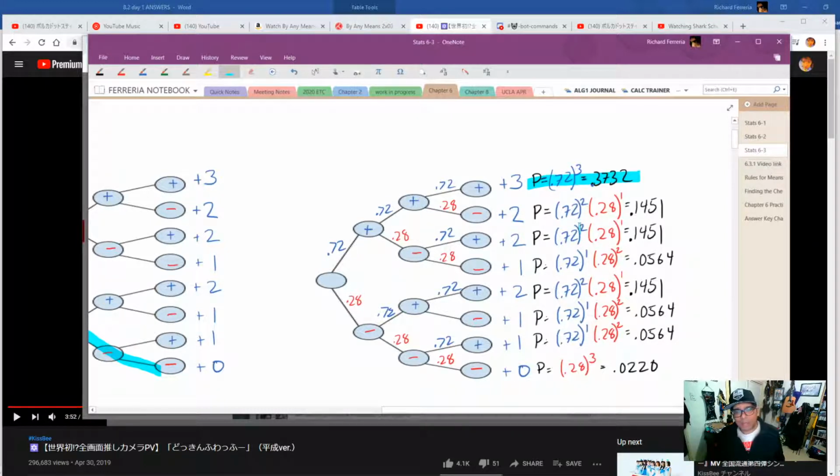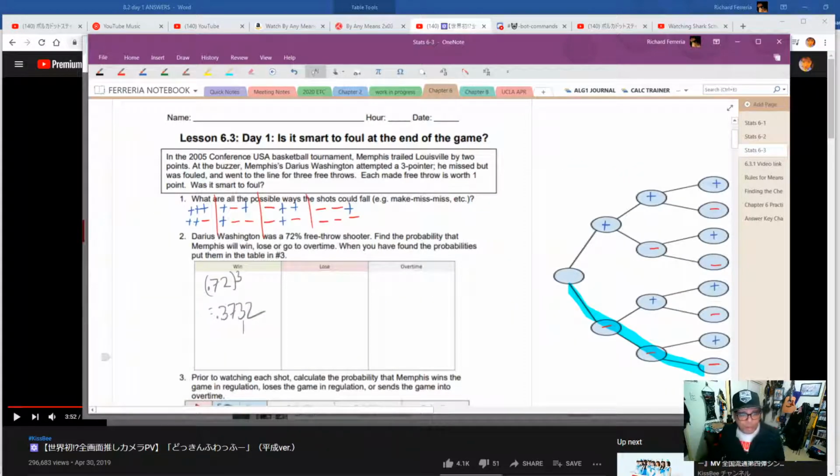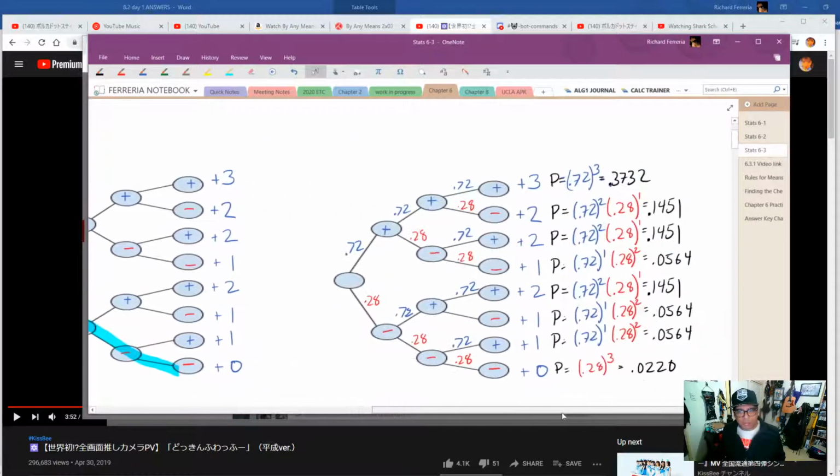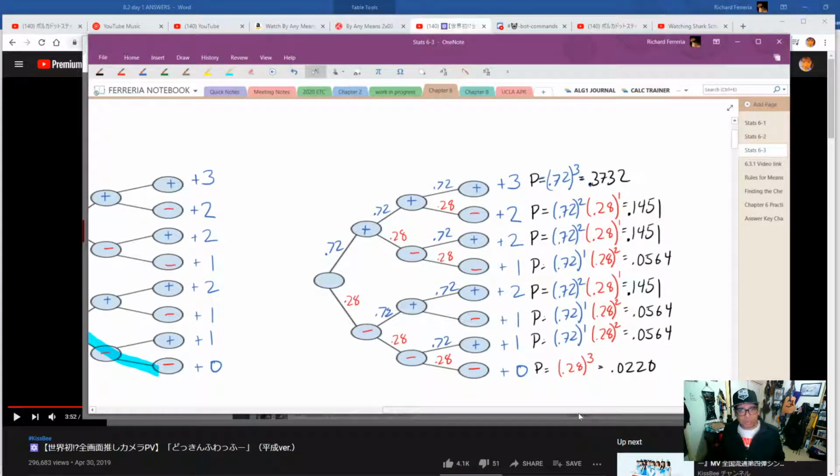That's the only way that they make 3 points to win the game. Back over on our master chart, we can see that that probability is 0.72 cubed, which is 0.3732.